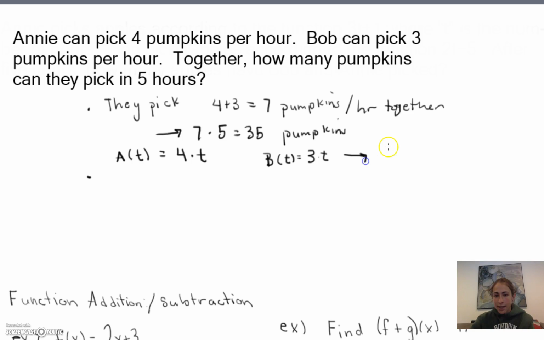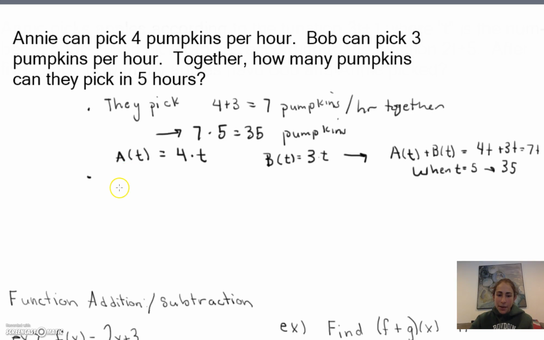So then together, Annie's pumpkin function plus Bob's pumpkin function is 4t plus 3t, which is 7t. So when t equals 5, this gives us 35 pumpkins.